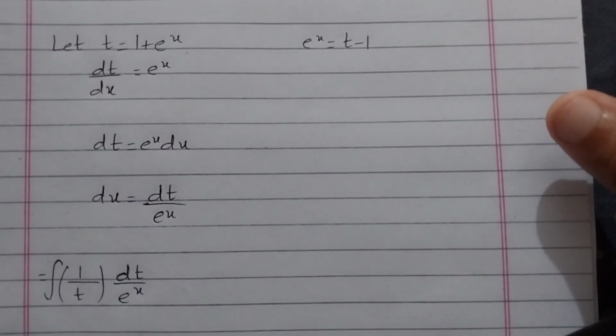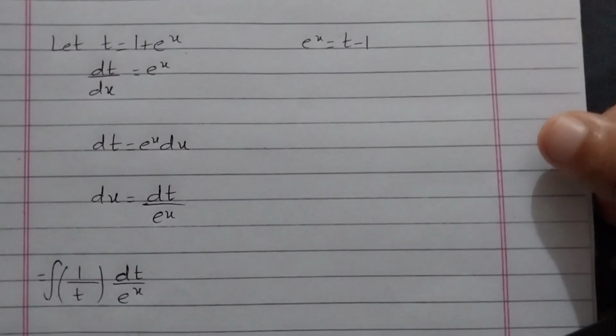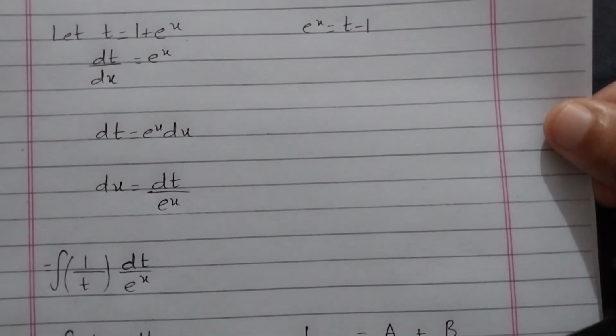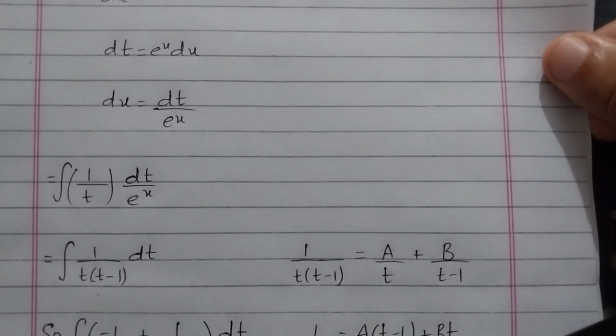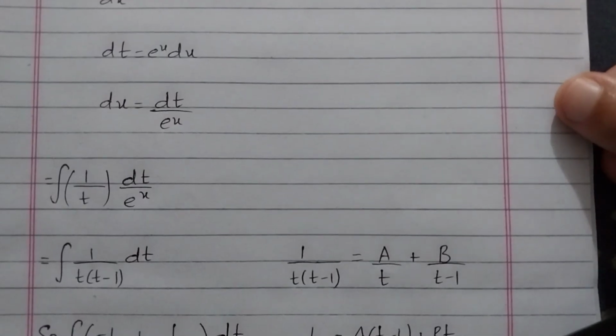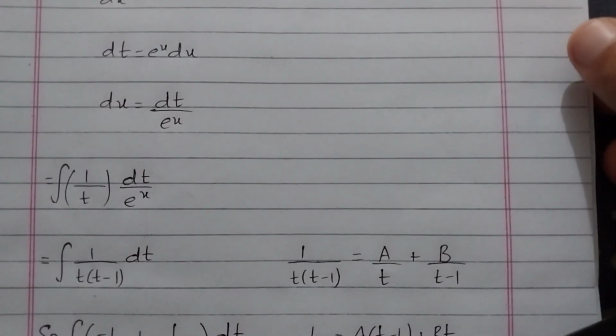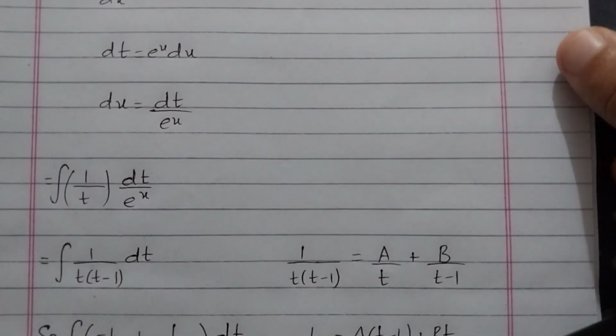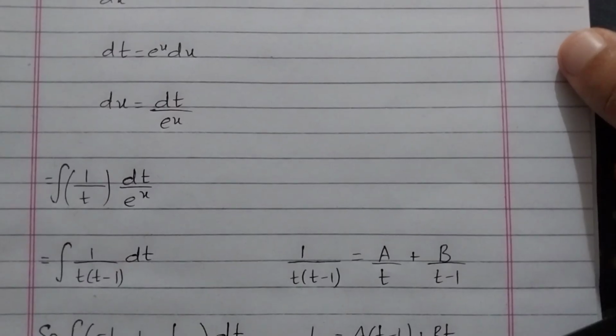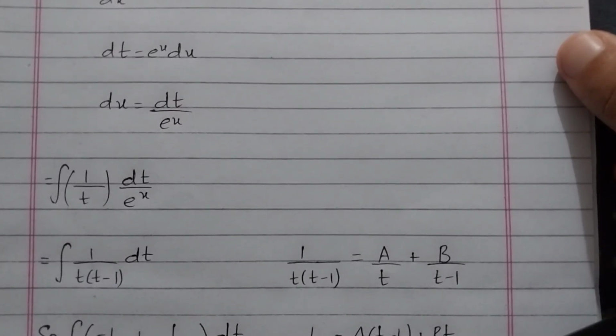So e raised to power x is t minus 1. So we'll just replace e raised to power x with t minus 1. So the whole integral will become integral of 1 over t times t minus 1, and we are integrating this with respect to t.